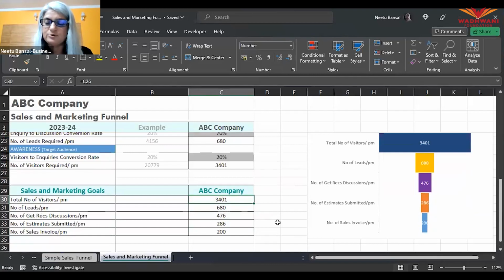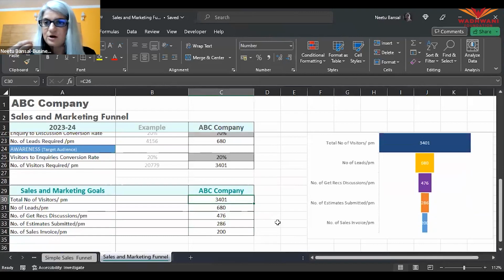For those for whom this is a very difficult number, like, my God, how am I going to get 3,000? I know currently my number of visitors is just touching 1,000. So how can I even get to 3,400?